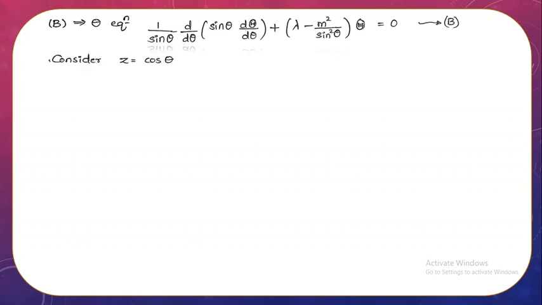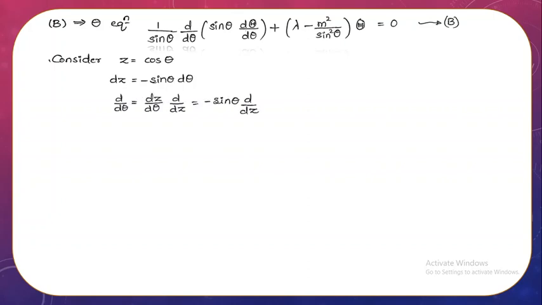So in order to solve this, let us consider z equals cos theta. And when you differentiate, we get dz equals minus sin theta into d theta, because the differentiation of cos theta is minus sin theta. And in equation B, we need the value of d by d theta so that we can substitute it back.